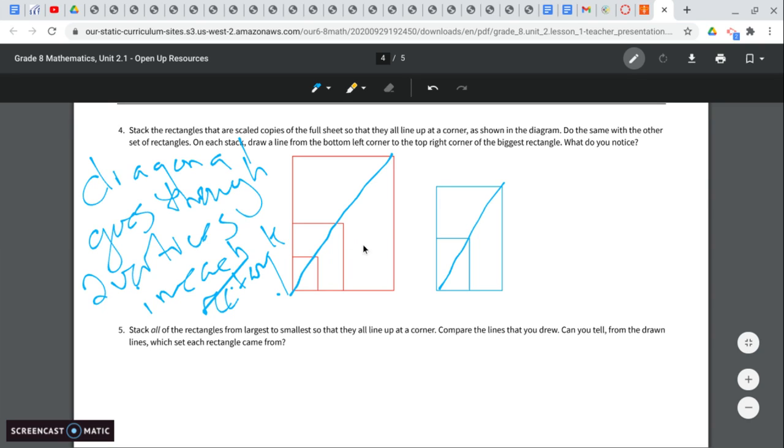I know in my first one it doesn't exactly line up, but that's not because it doesn't. It's just because of my technical issues of trying to draw on the computer. And in this one, we can see it a little easier.